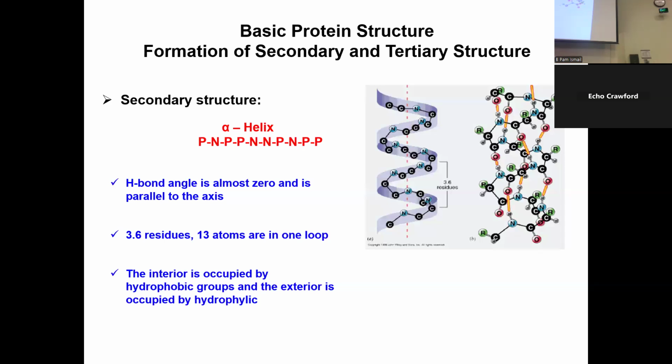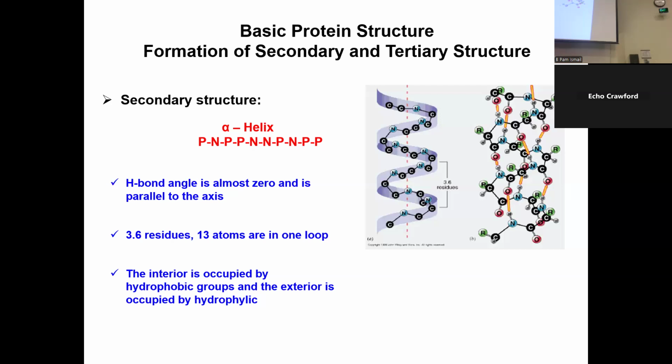If you have a sequence of amino acids, polar, nonpolar, and two polars, two nonpolars, and the sequence repeats, that would potentially form an alpha helix. Of course, it does not always follow the rule, but that is in general the rule to form an alpha helix.